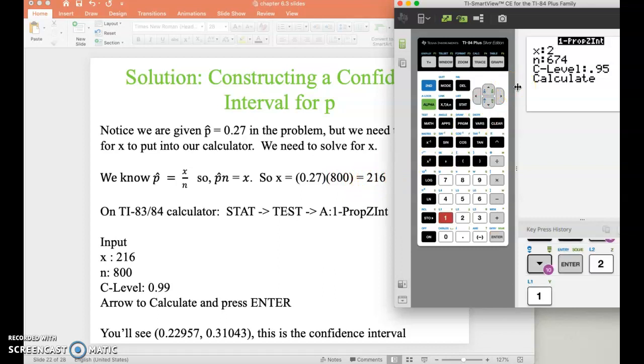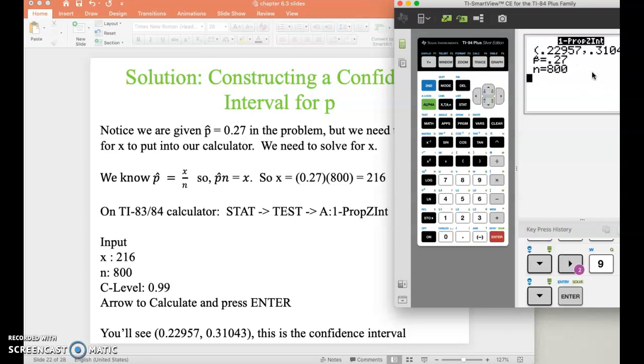So I'm going to enter that into my calculator. My value of n is 800, so I'm going to arrow down to n and input 800. The confidence level I'm looking for is 99%, so I'm going to enter 0.99 and arrow down to calculate.